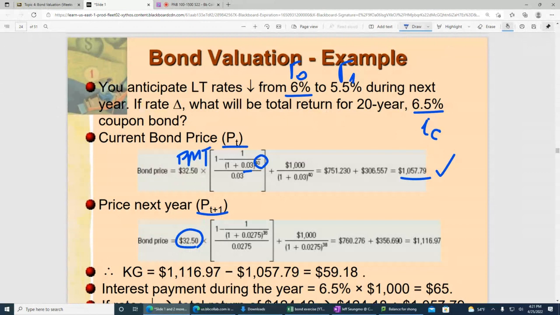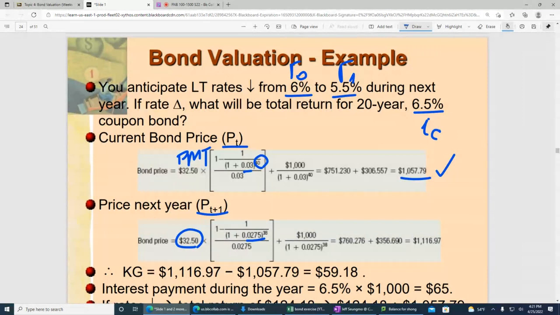But next year, the discount rate will be 5.5%, so the half-year rate is 2.75%. Makes sense? And next year there will be 19 years left to maturity, because this year we have 20 years left.